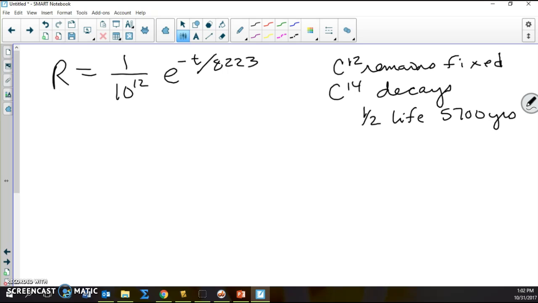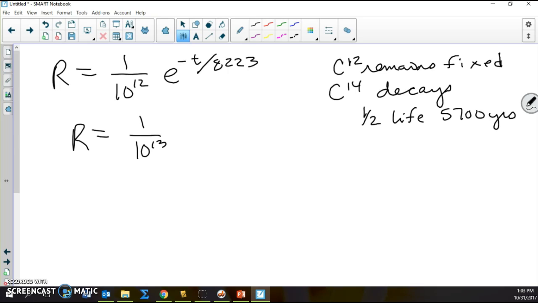So let's look at example 3. It says the ratio of carbon 14 to 12 in a newly discovered fossil is given R equals 1 over 10 to the 13th. This is the ratio of carbon 14 to carbon 12. Estimate the age of the fossil. In the carbon dating model, substitute the given value of R to obtain the following.